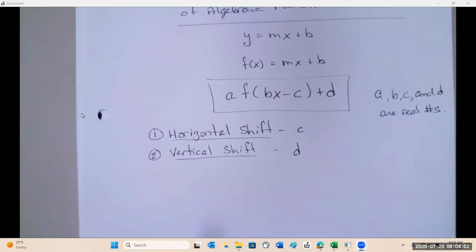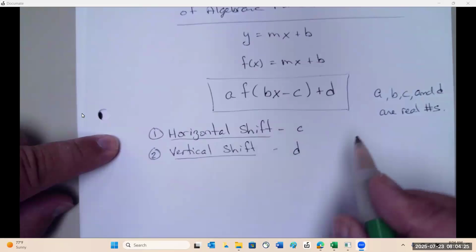Horizontal shifts affect the x values directly. It affects the x values before you plug it into the equation. The vertical shift is after you get your number from your equation, it moves it up and down. So all it does is affect the y value.